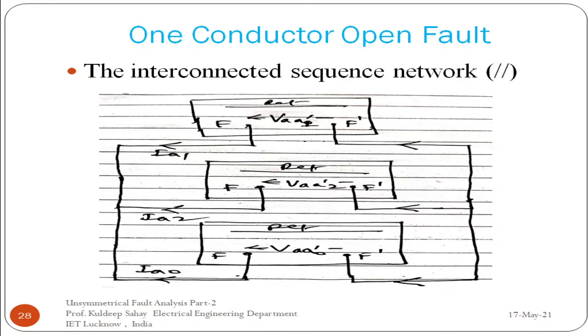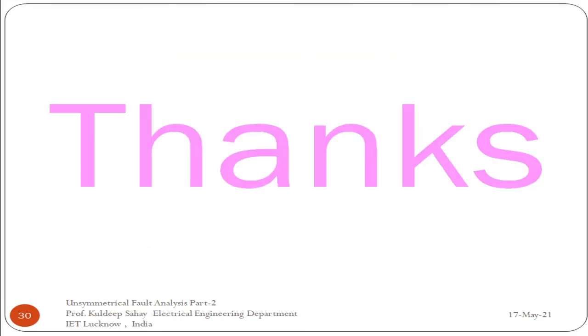The voltages as well as the currents in this case are of unequal magnitude, and by use of the sequence currents one can draw the network and find the fault current. The important thing is to find the fault current and analyze it, and then provide the solution for the system. So thank you very much.